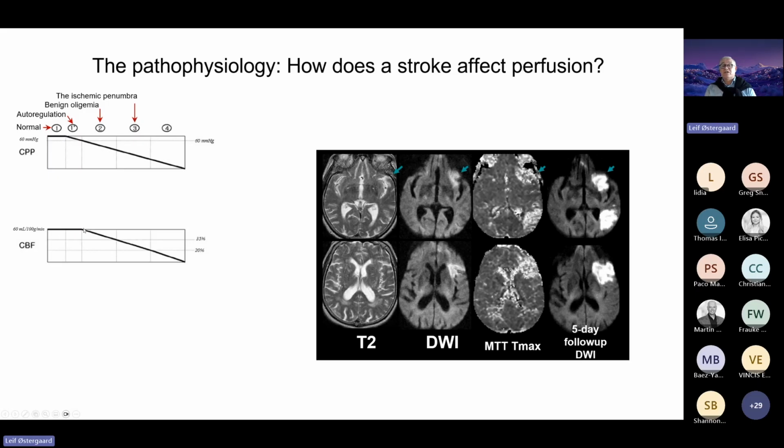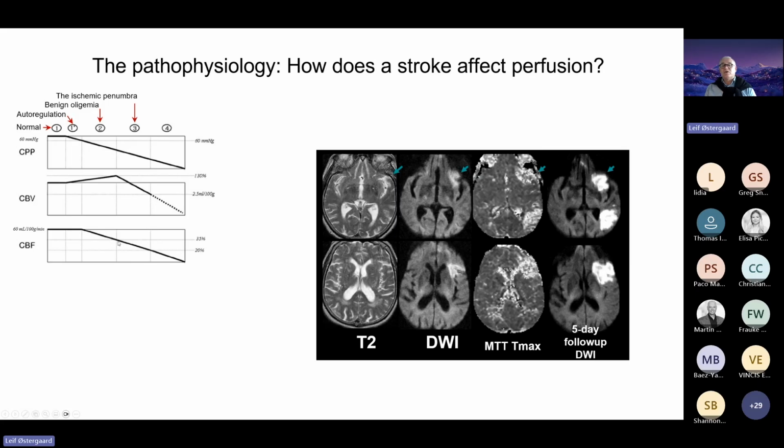You can see it's only after a while that CBF starts to drop down to that minimum that you saw just before. And the explanation is that it's actually in the other map we report, namely the blood volume, because there's autoregulation that, at least for some drops in perfusion pressure, can maintain a constant CBF. But at some point, that reserve capacity is exhausted, and then blood flow begins to go down.